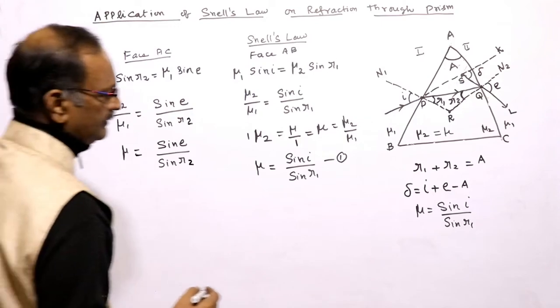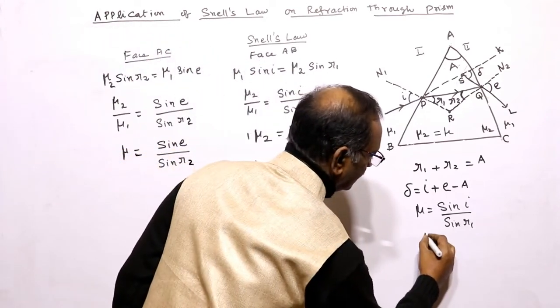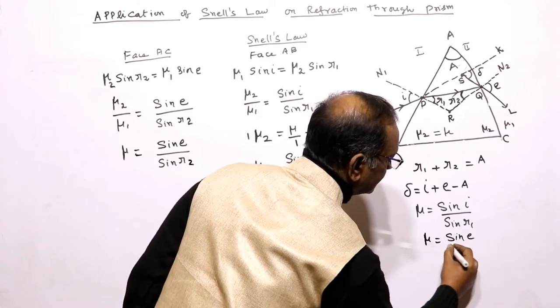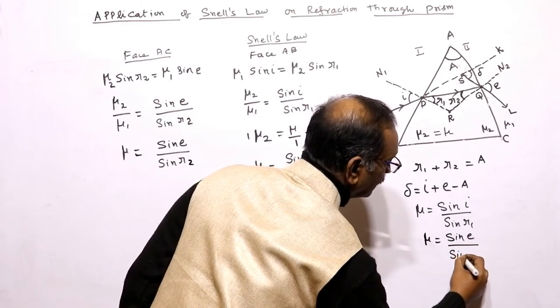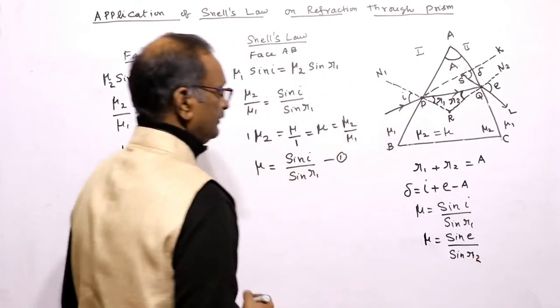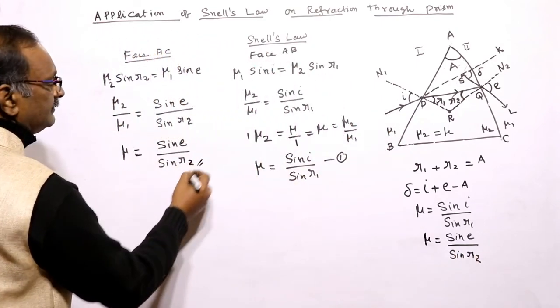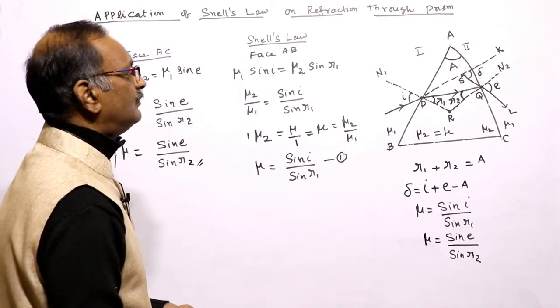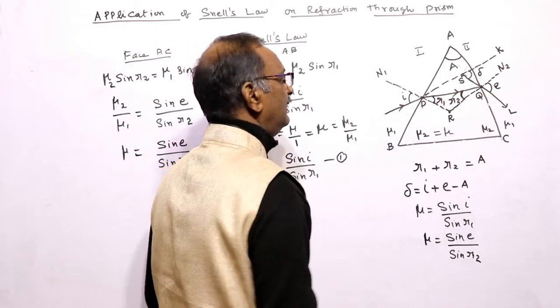So this is another relation, mu is equal to sine of angle of emergence by sine of angle of incidence at the second phase. So this is a relation on application of Snell's law on the two refractions at phase AB and phase AC.